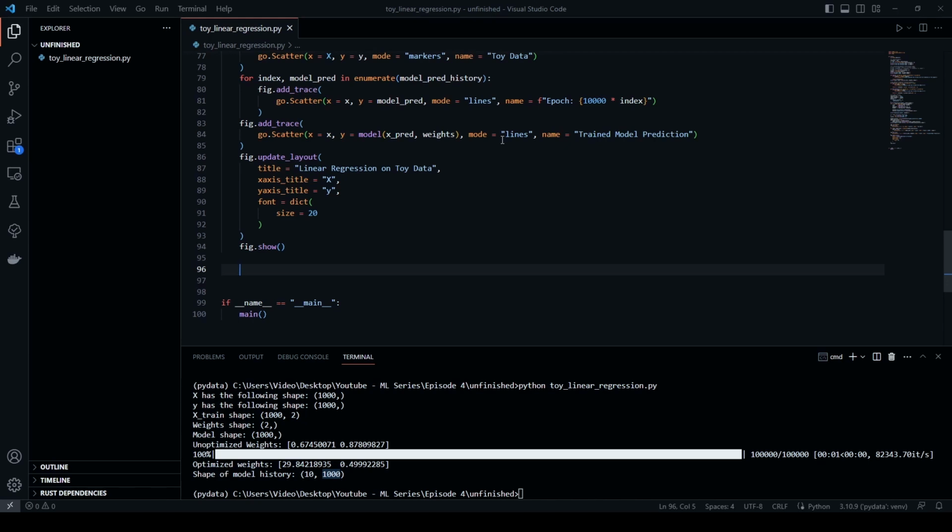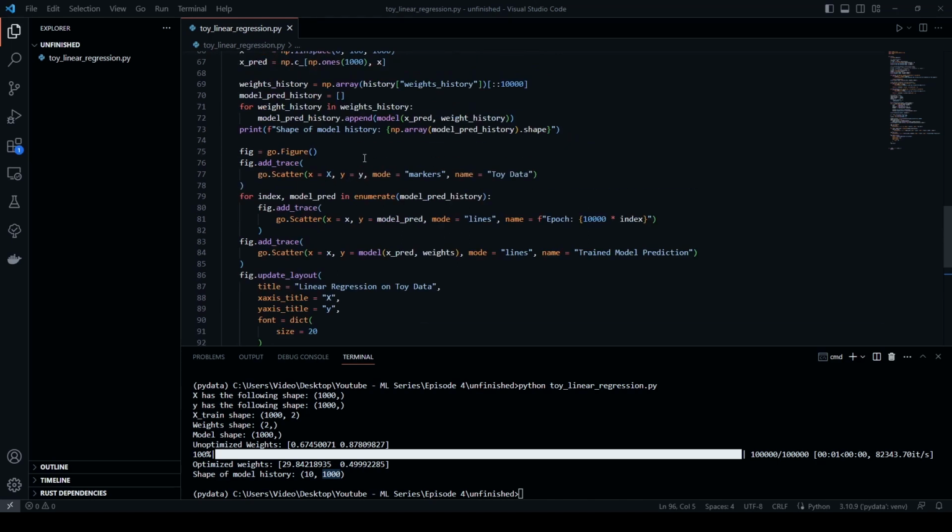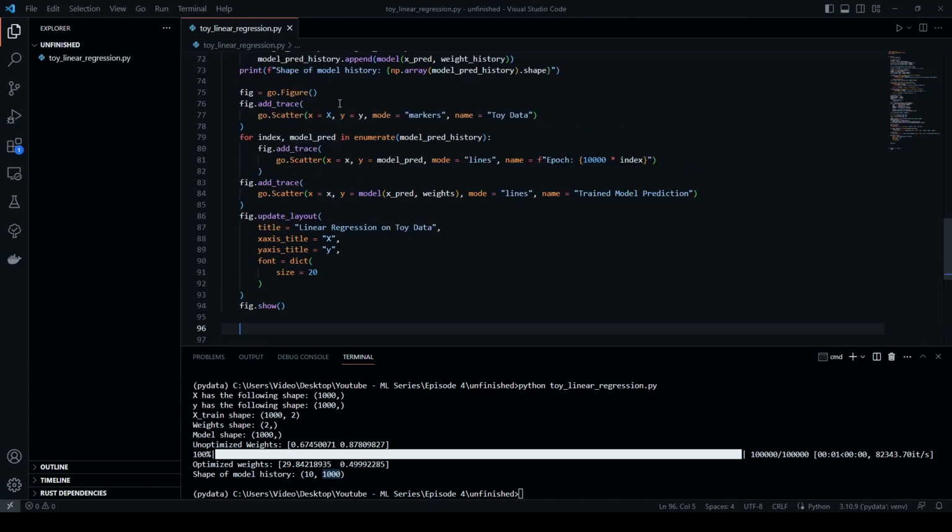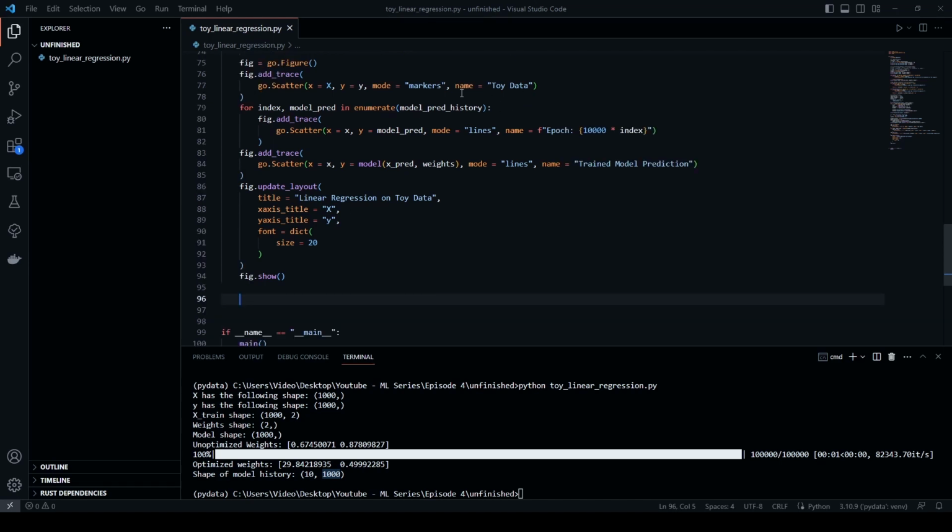But before we execute our script again and have a look at our plots, we will create another plot, which is kind of important, even more important than this one. Because the first plot we can easily create when we have a very easy model. In this case we have just one feature and a bias term, which can be easily visualized in a 2D plot. But imagine you have 1,000 features or 100 features or 10 features, 20 features, then you won't be able to visualize that in a 2D plot.